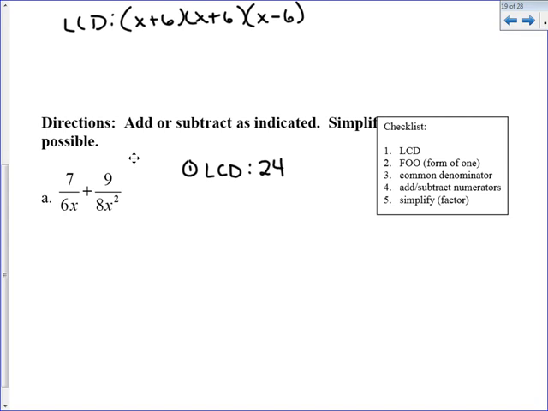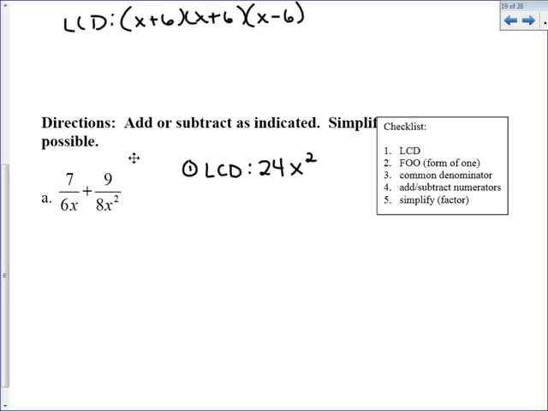So we need 24 to cover the numbers. And then how about x's? X to what power am I going to need? X squared. Seeing which one has the most. It's the opposite of a GCF, where we take the fewest.